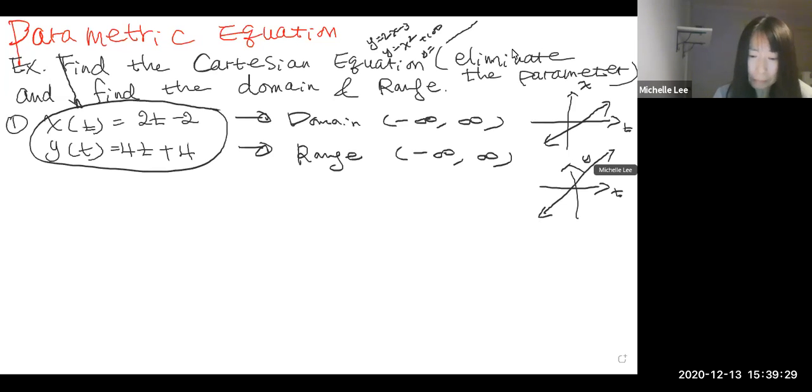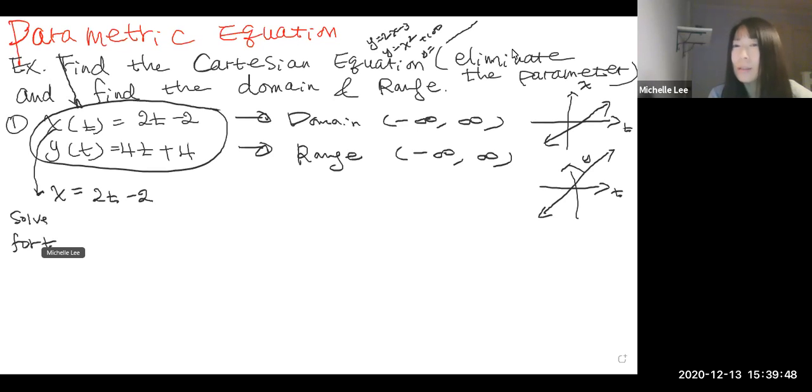Like this, okay? So we have x equal to 2t minus 2. Solve for t. Solve for t means to eliminate the parameter, okay?